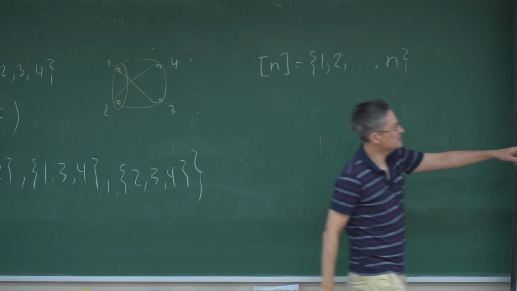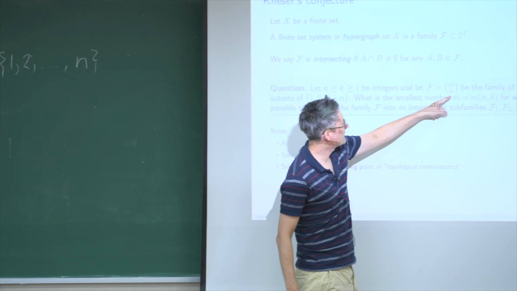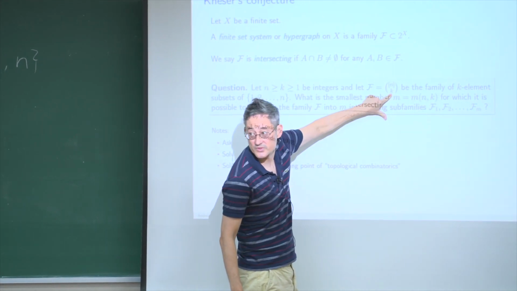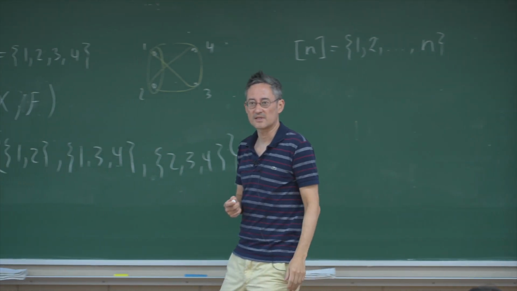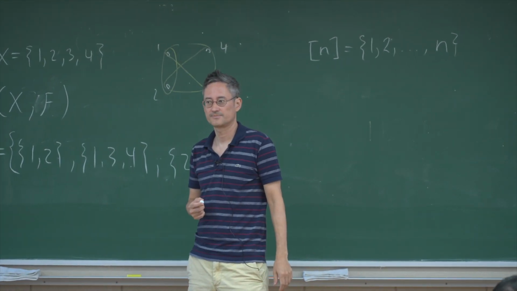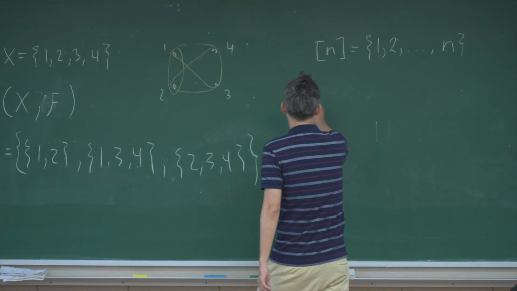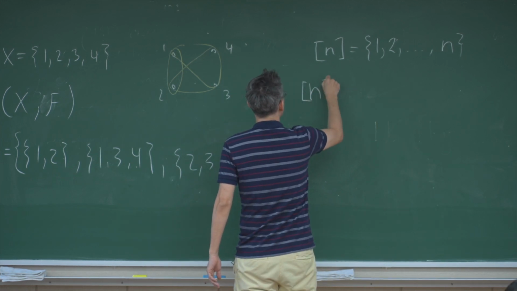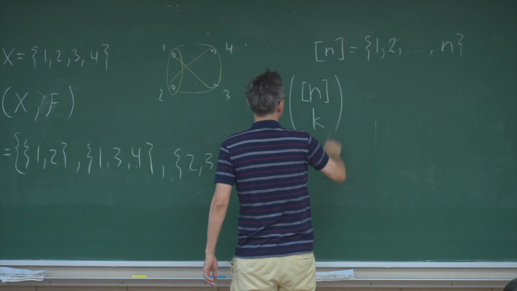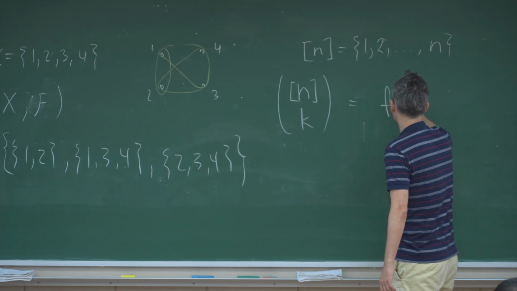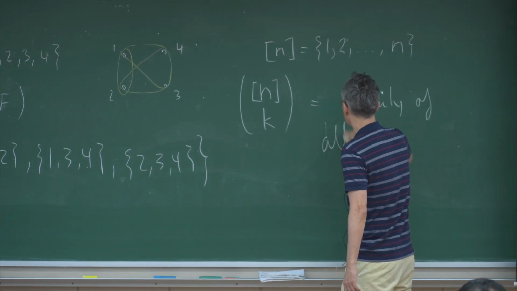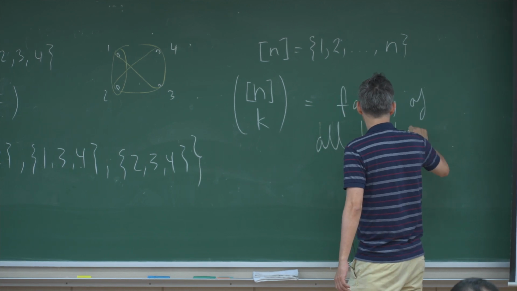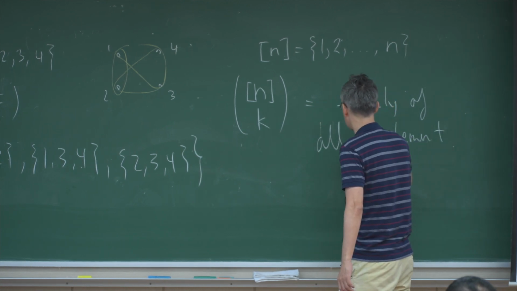And this notation here, [n] choose k, just means the family of all k-element subsets of [n].